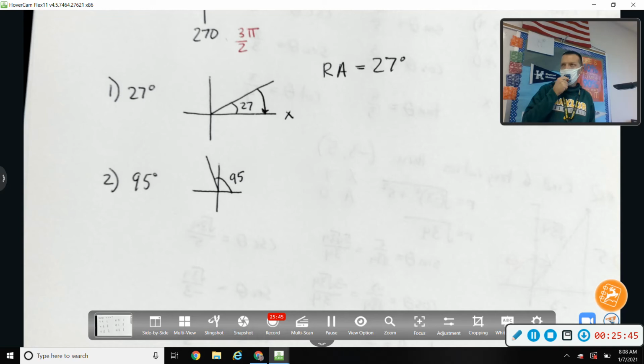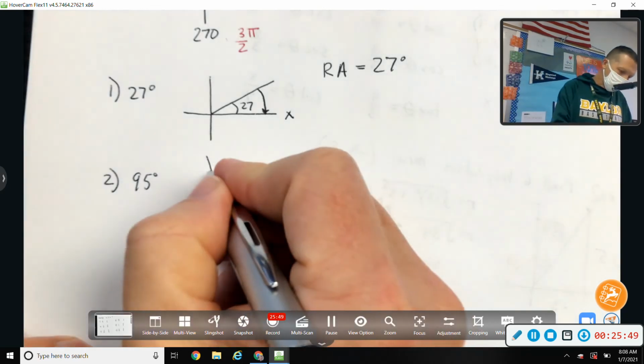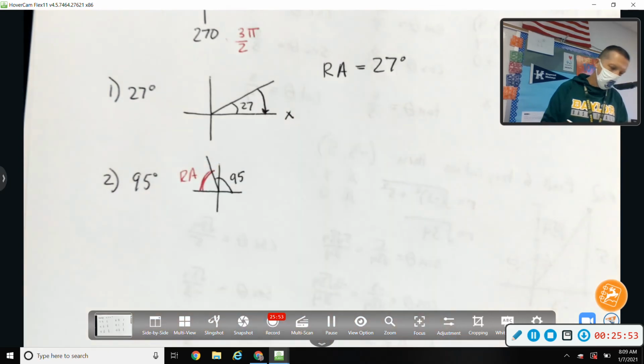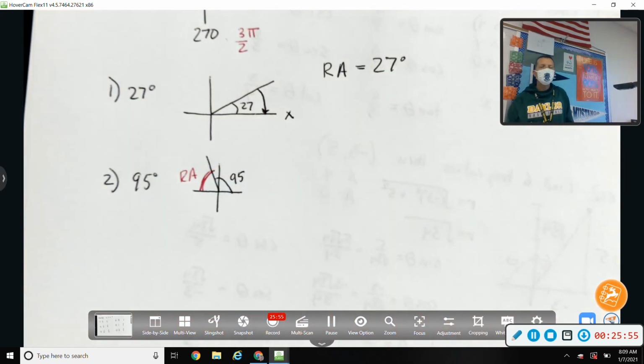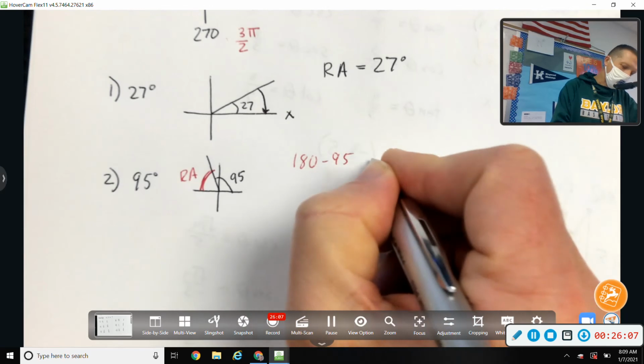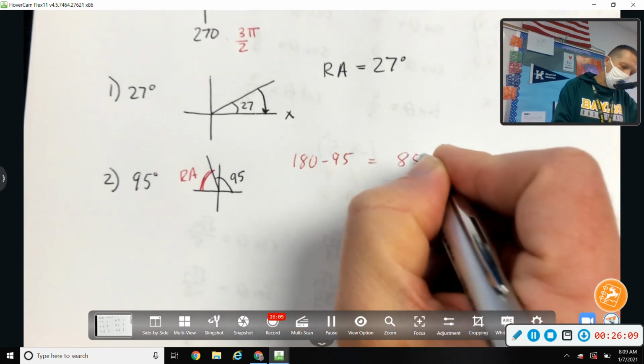The reference angle, though, is get to the x-axis as soon as possible. So that would be over here, would be the reference angle. So how far is it in terms of degrees? 85. How'd you get that? Yeah, so 180 minus 95 is 85, our reference angle.